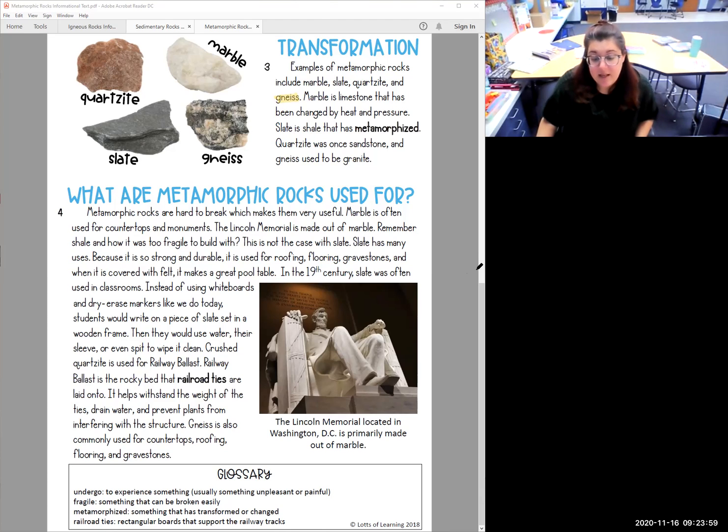Railway ballast is the rocky bed that railroad ties are laid into. It helps withstand the weight of the ties, drain water, and prevent plants from interfering with the structure. Gneiss is also commonly used for countertops, roofing, flooring, and gravestones.